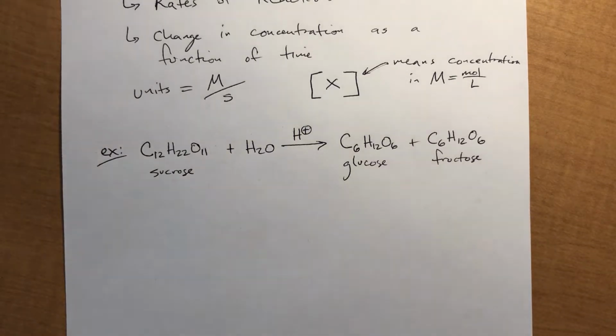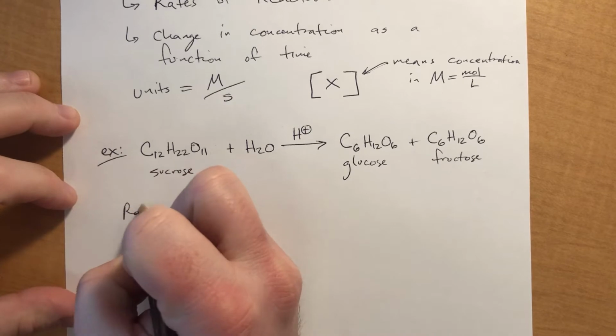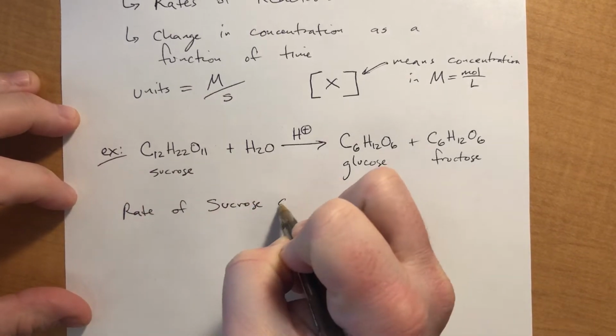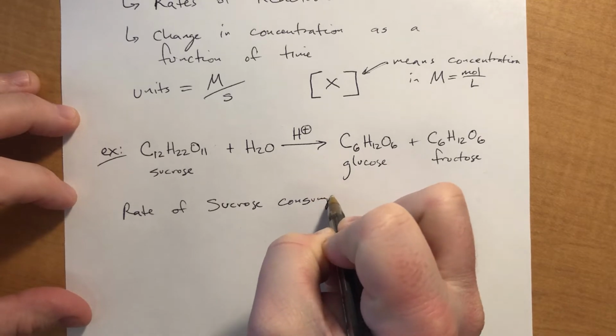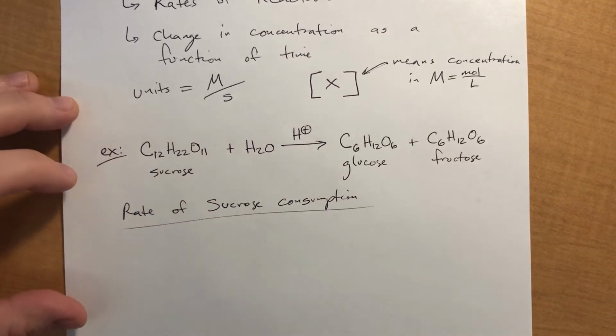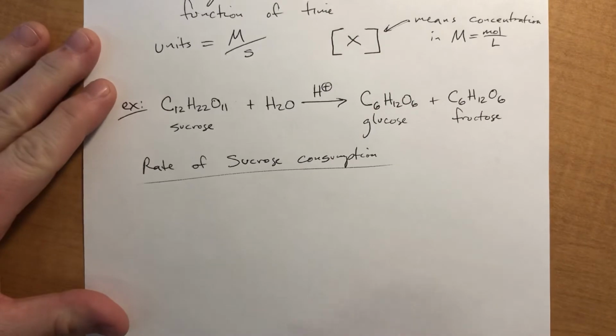For this example, we're going to look at the rate of sucrose consumption. The way we're going to visualize rate is the definition of average rate: change in concentration over change in time.